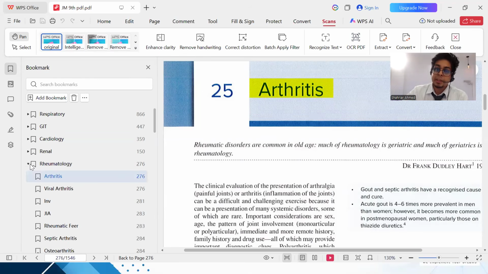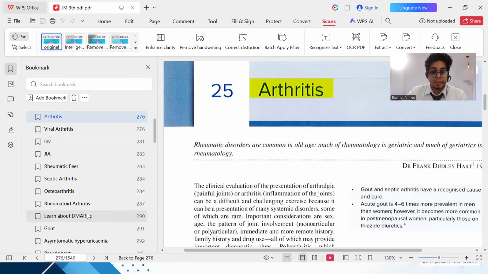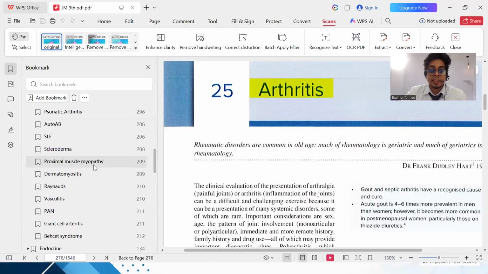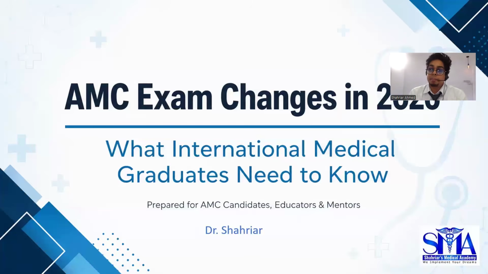So in the rheumatology segment, we'll go through rheumatoid arthritis, SLE, then septic arthritis, osteoarthritis, along with the John Muttag ninth edition page numbers, which will be very, very important. Seropositive arthritis, seronegative arthritis, drug-induced arthritis versus dermatomyositis, giant cell arteritis, and Behçet's, and many other important aspects which are necessary for the exam.